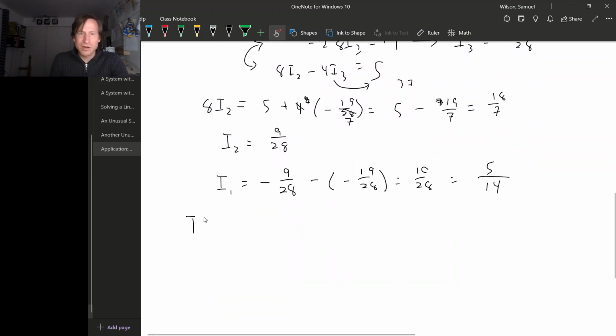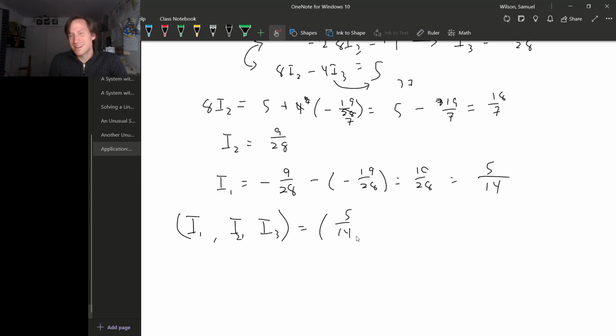Okay, so our currents, I1, I2, I3, are 5 over 14. And this is going to come out in units of amps, but that's not important. 9 over 28 and negative 19 over 28.